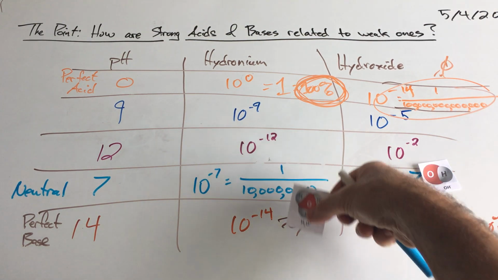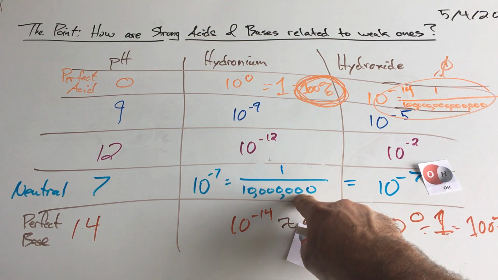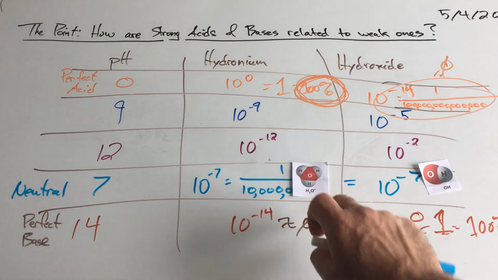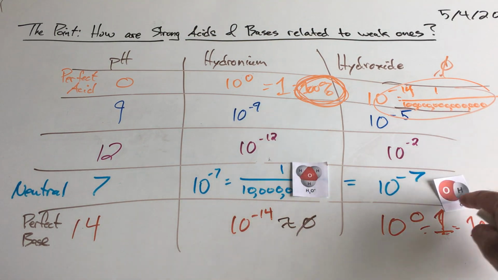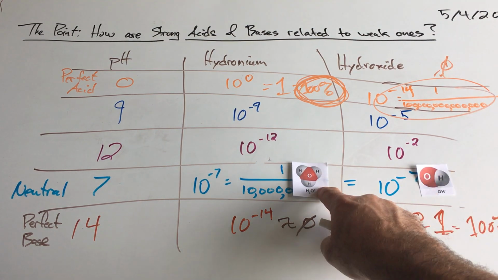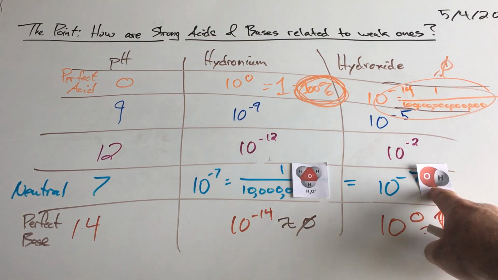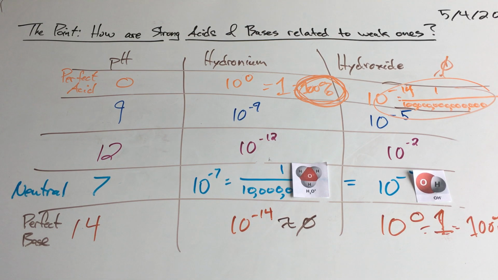Because for every 10 million, one's going to become hydroxide, and for every 10 million, one's going to become hydronium. And all the other molecules are just not going to react.